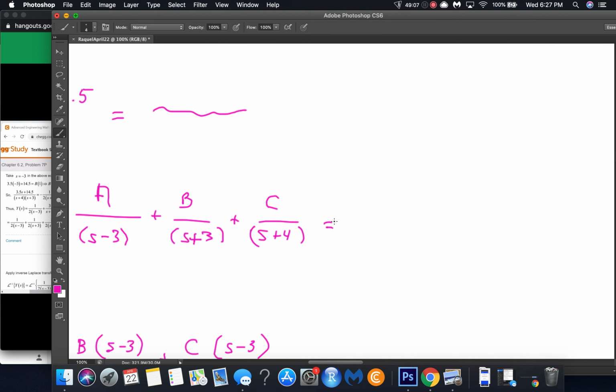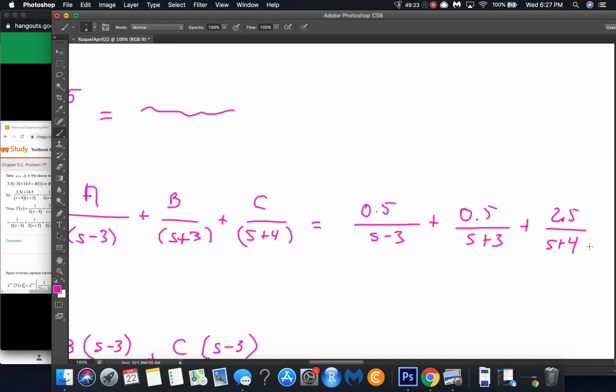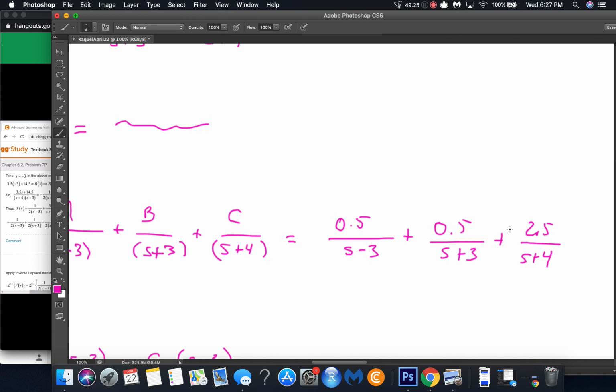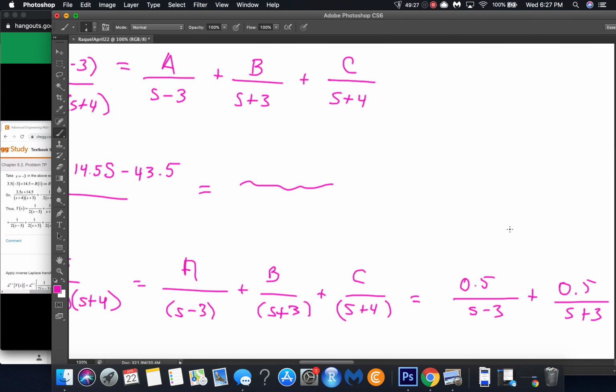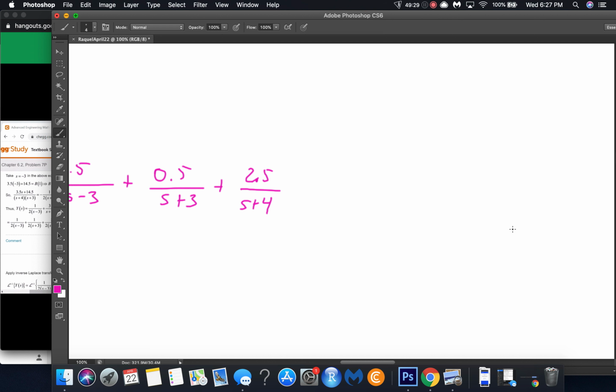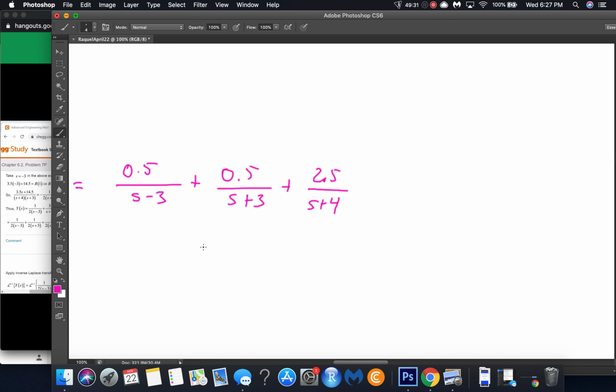Very good. So now we substitute that in here. So it's going to be 0.5 over s minus 3, 0.5 over s plus 3, and 2.5 over s plus 4. And then we apply the inverse Laplace transform of these.